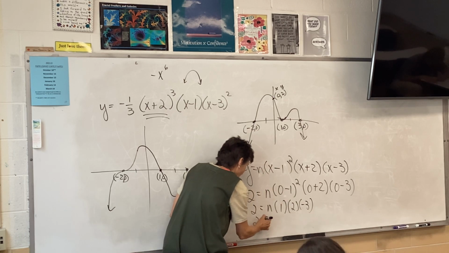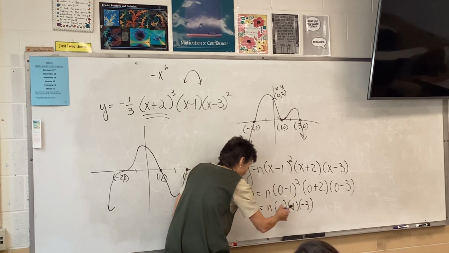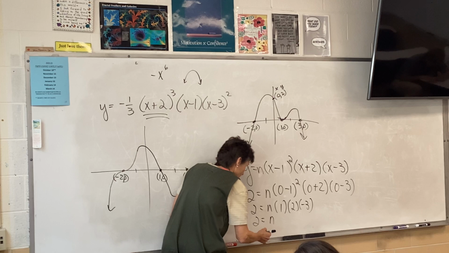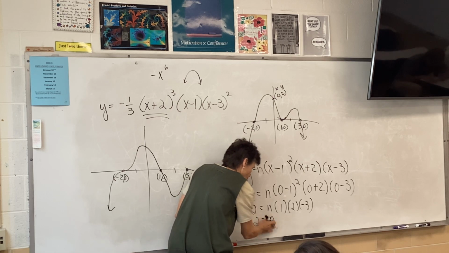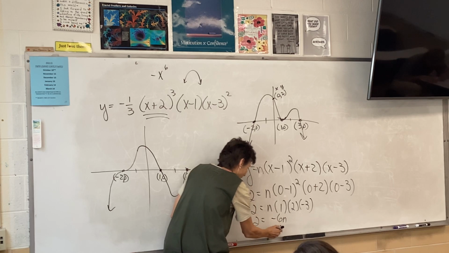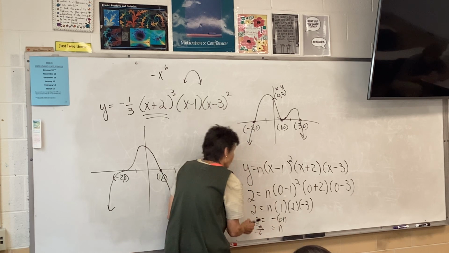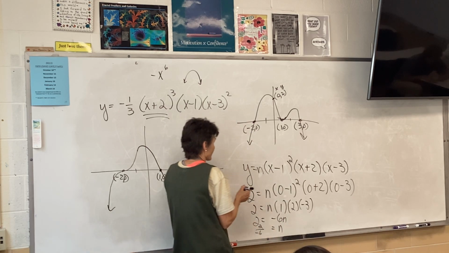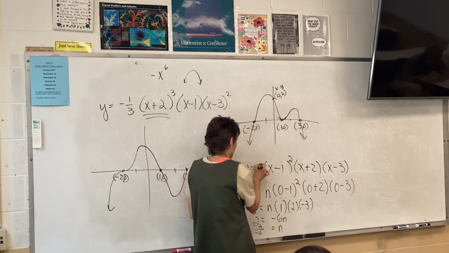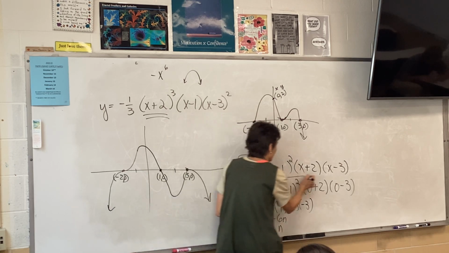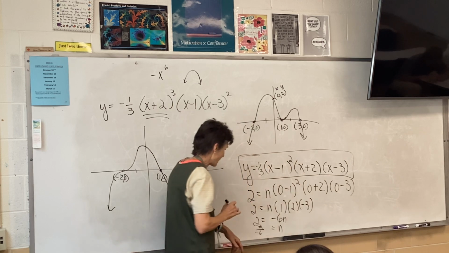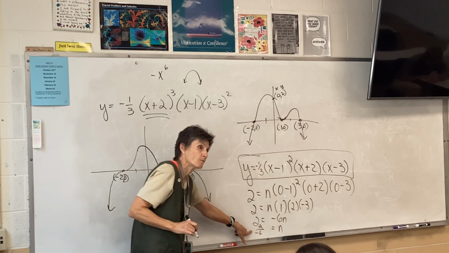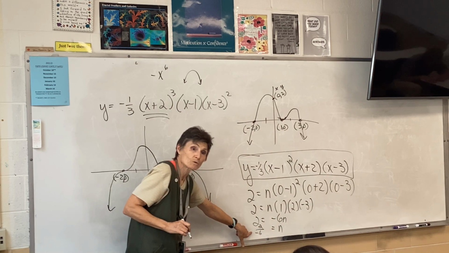So what do I get when I multiply those? 4n times -3 is -12n? Or -6n? So by golly, it is -1/3, isn't it? Because when I divide by -6, I get 2/6, which is 1/3.